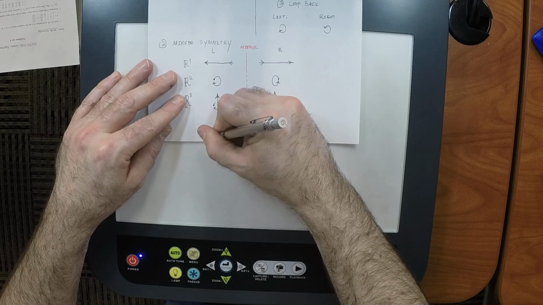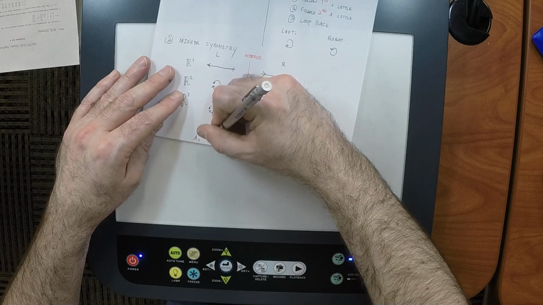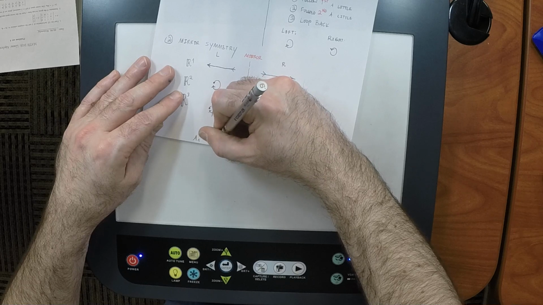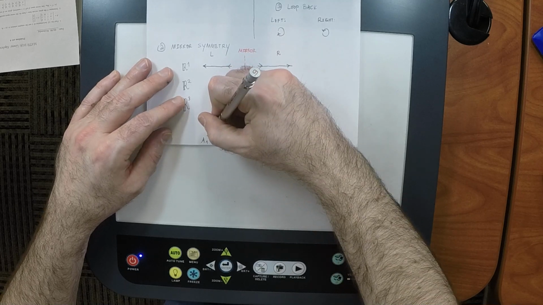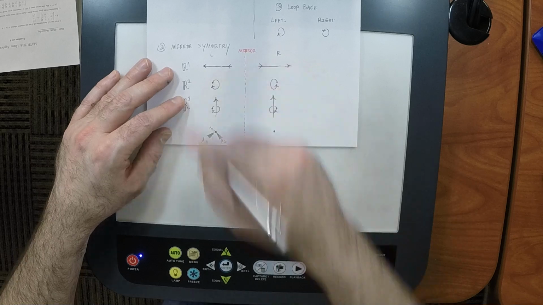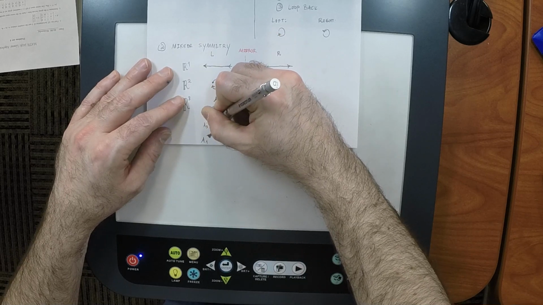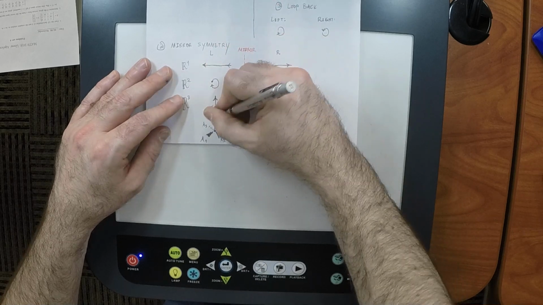I'll just call this A1 for atom. And then you come out of the page, there's another atom right here, A2. And then into the page, going that way, there's an atom right there, A3, and then coming up like this, there's an atom right there, A4.